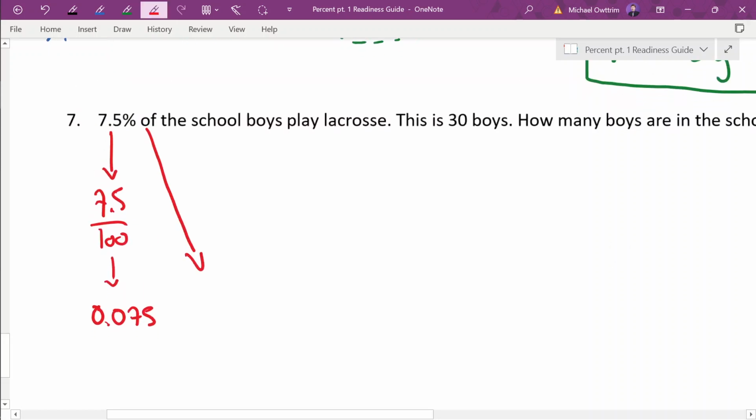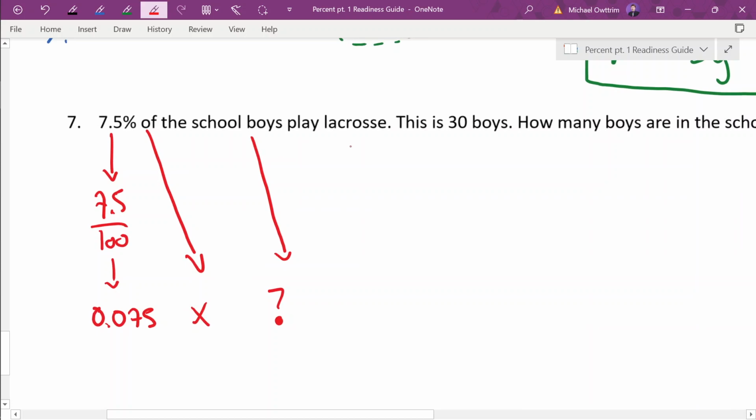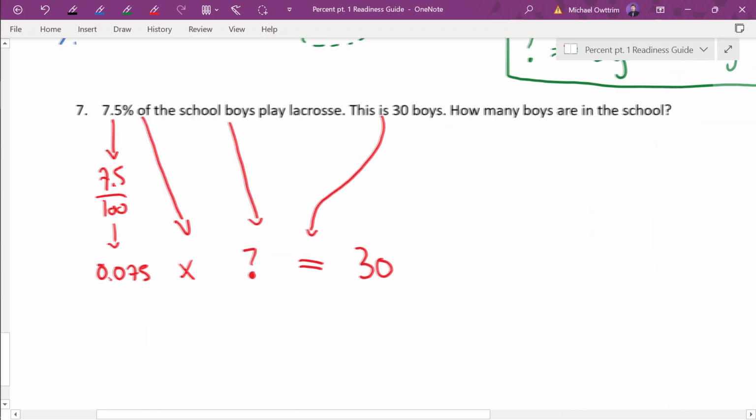We have of the school boys, which is what we're asked about, play lacrosse, and that amount is 30 boys. So 7.5% of the total is 30 boys. And we can go ahead and solve this out.